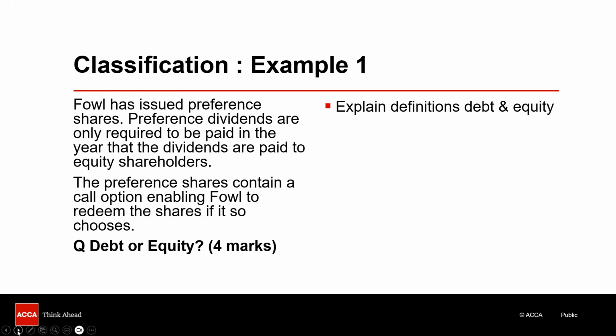But in principle, we can start with a little bit of a soft, applied definition: that FAL will classify these shares as debt if they contain an obligation, but as equity if they evidence an ownership interest, if they evidence a right to assets after all the liabilities are paid off. You've got to be careful you don't write too much, but you can start by setting out a little bit of a theoretical stall. But now we've got to look at the application.